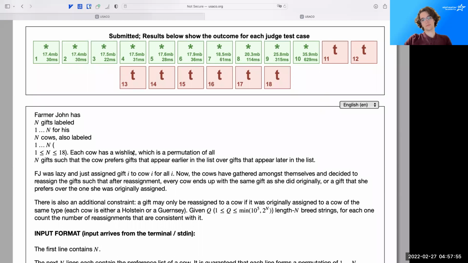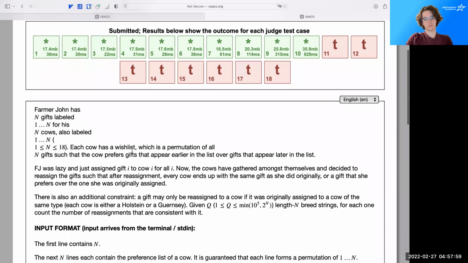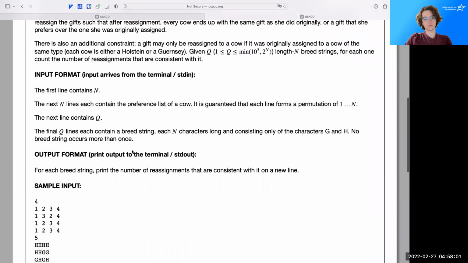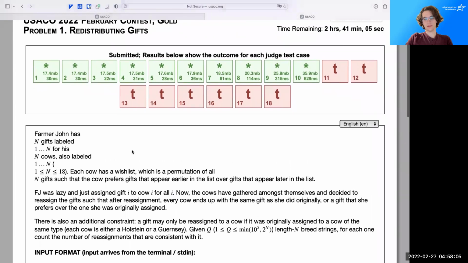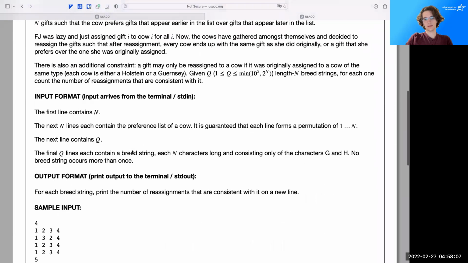Actually, I'm getting more test cases than I was expecting without the timeline, but still.